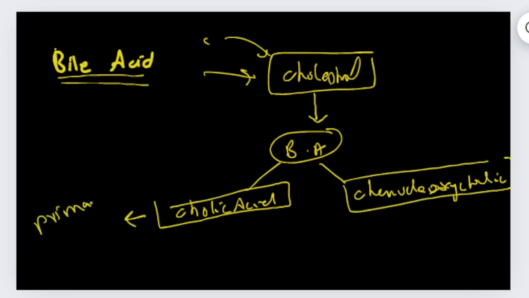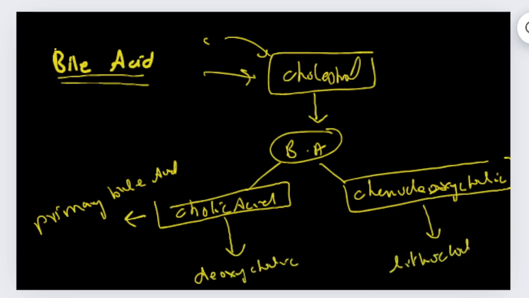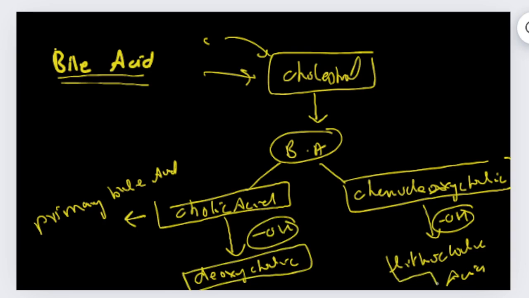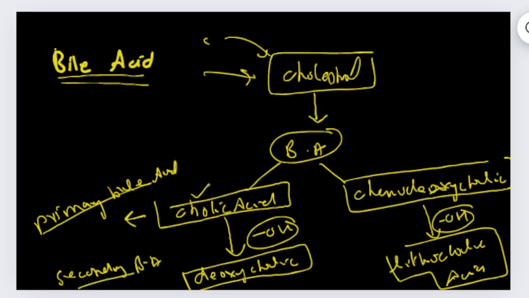These are called primary bile acids. When the oxygen group is removed from them, they become deoxycholic acid and lithocholic acid, and these are called secondary bile acids. So you have to know what the primary and secondary bile acids are. Primary bile acids are cholic acid and chenodeoxycholic acid, and secondary bile acids are deoxycholic acid and lithocholic acid.